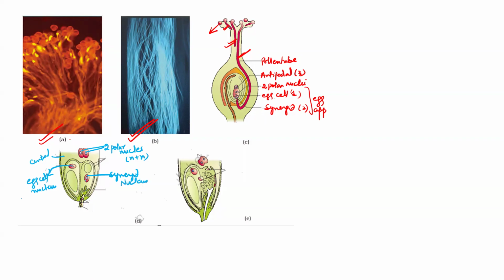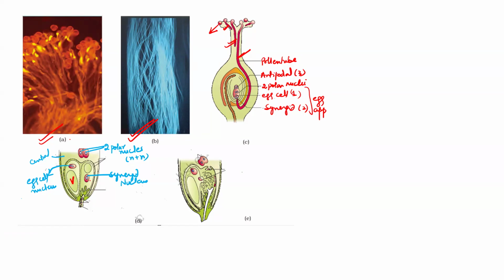Clear? And you will see in the board diagram, please first focus on the diagram based question. If you see here in the egg, the nucleus is facing towards the chalazal end, and this is vacuole. In the egg cell, you will find nucleus is facing the chalazal end and vacuole is towards the micropyle.